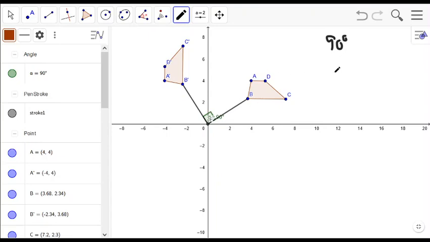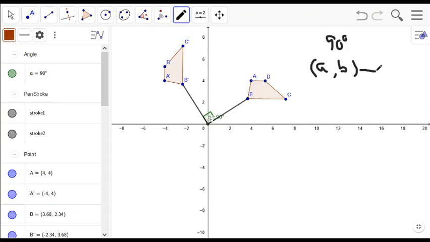You will notice that if we have a point (A, B), it is rotated under positive 90 degrees, and it becomes (-B, A). That is a general formula that we can deduce from this rotation.